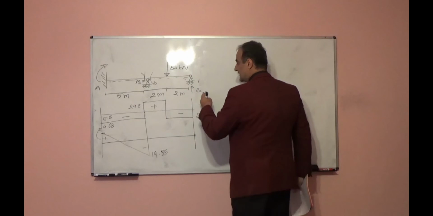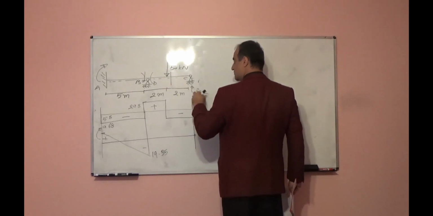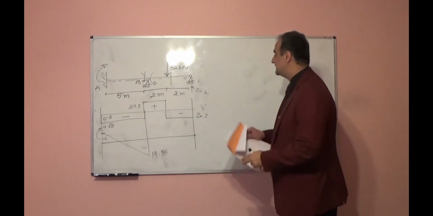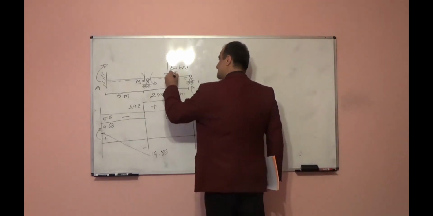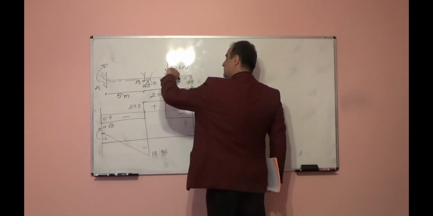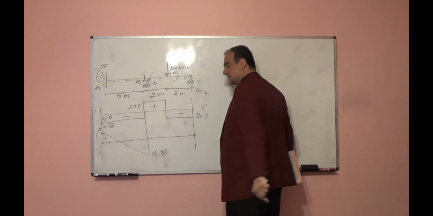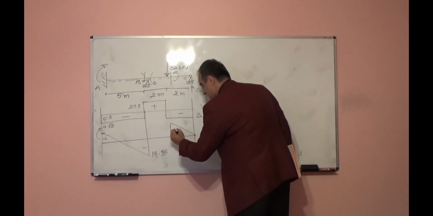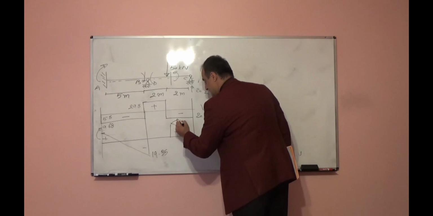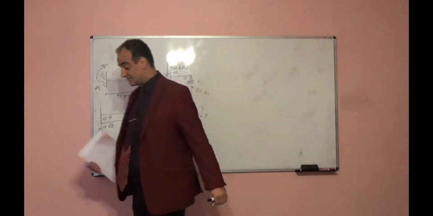If I move from here to this side, what is the moment here? 20.2 times 2 will be 40.4. How does it rotate? It rotates in this direction. If you take a ruler and bend it like this, underneath it is tension, so positive moment. Positive 40.4, and that goes to the negative.